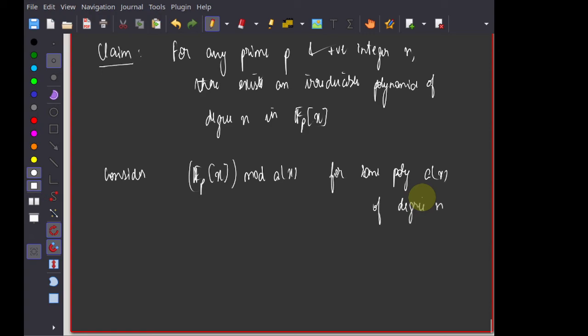How many elements are going to be there in this particular set? Why?